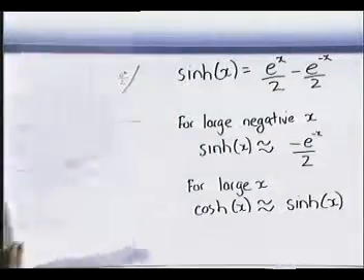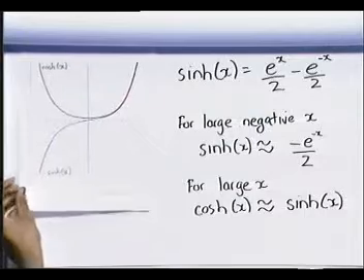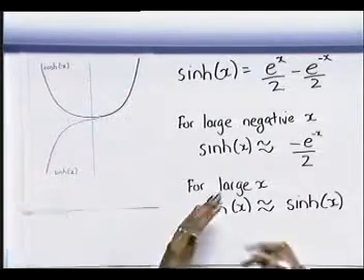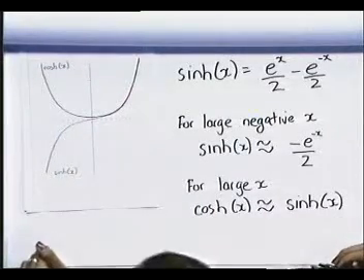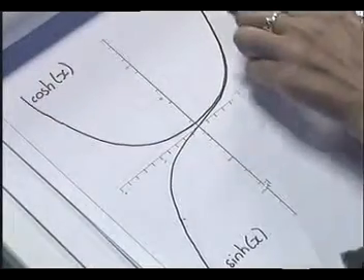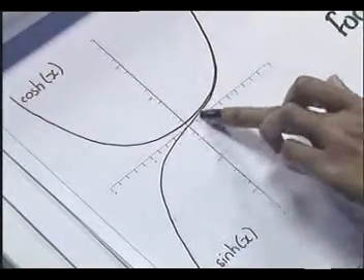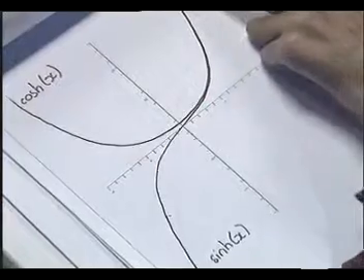And we can see that if I show you a graph of sinh x and cosh x plotted together. Got a slightly different scale this time, so it looks a bit wider. But there's cosh x, and there's sinh x, which gets very, very close to cosh x as x gets large.